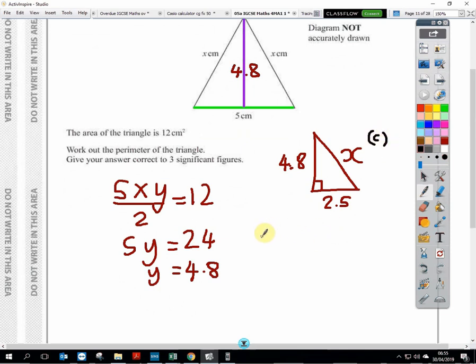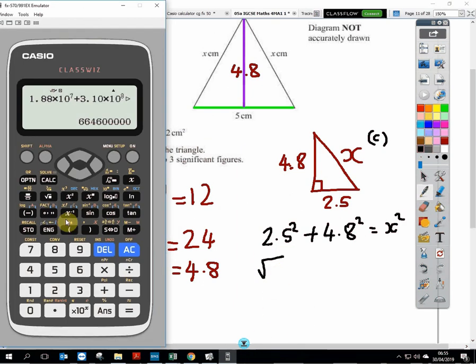C is always opposite the right angle. Then we can write all of this in a square root to work out x. So it's the square root of 2.5 squared plus 4.8 squared, and that gives us 5.41.